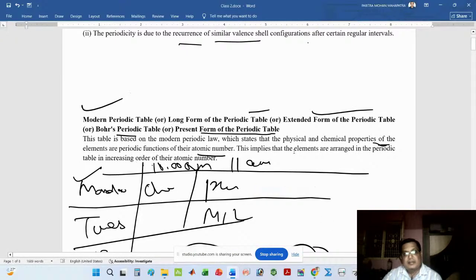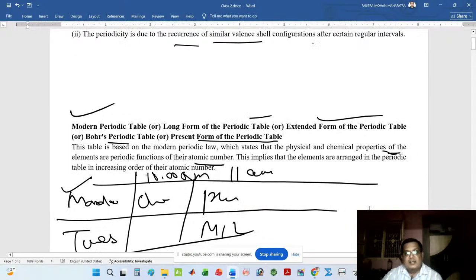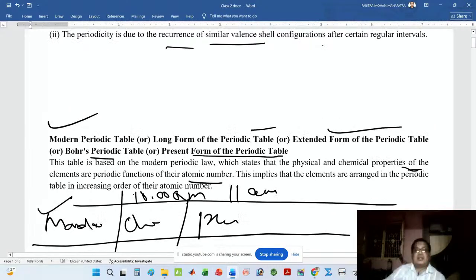In Mendeleev's periodic table, the physical and chemical properties of the elements are the periodic function of their atomic mass. But in the modern periodic table, the physical and chemical properties of the elements are the periodic function of their atomic number. This means the elements are arranged in the modern periodic table in the increasing order of their atomic number.